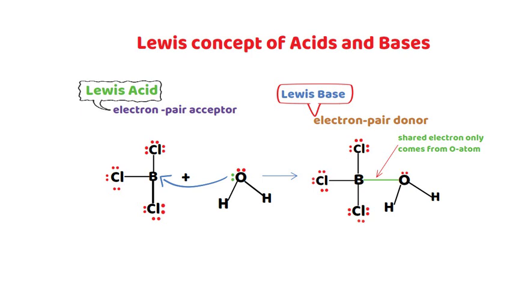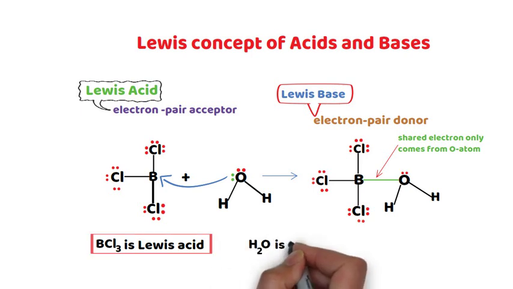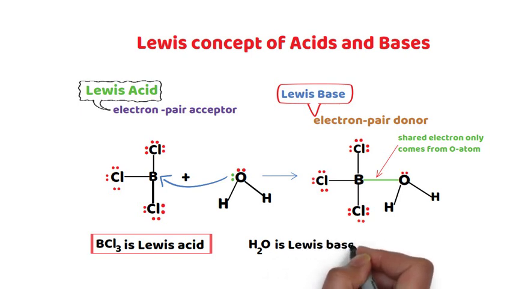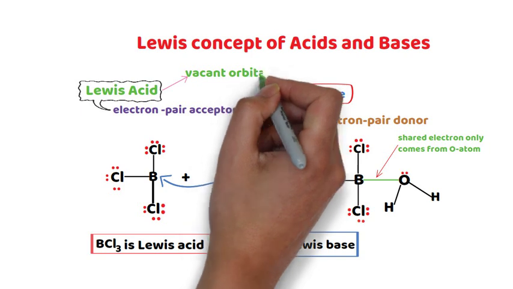Now boron has 8 electrons in its outermost shell. Therefore, boron trichloride is a Lewis acid because it accepts a pair of electrons from water, but water is a Lewis base because it donates 1 lone pair of electrons to boron.